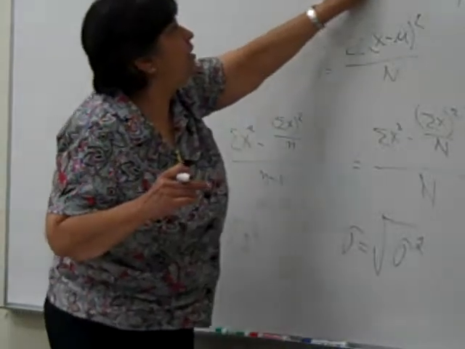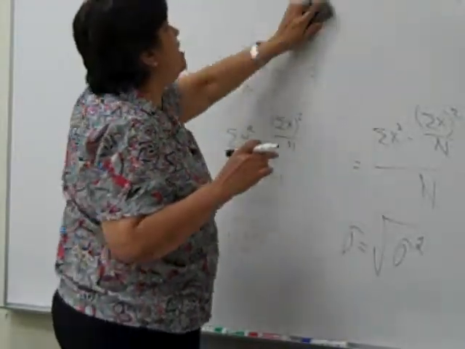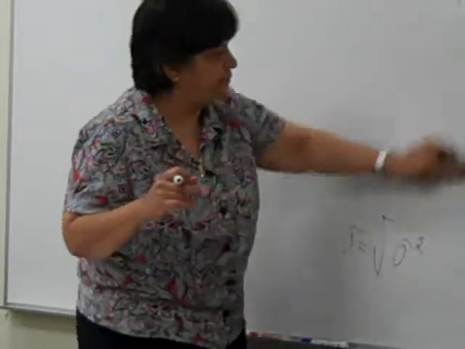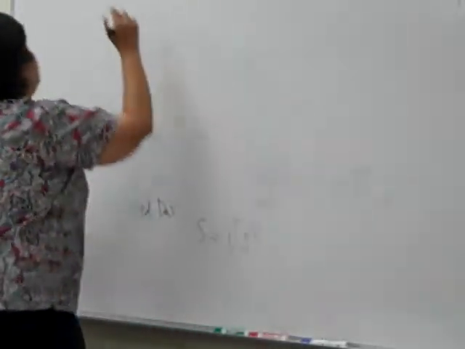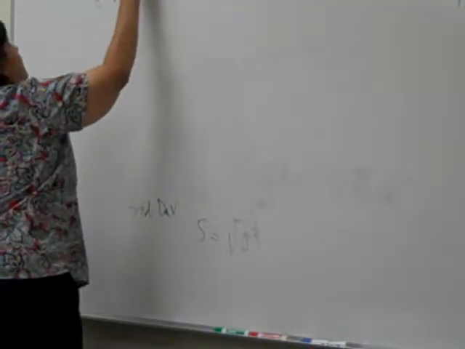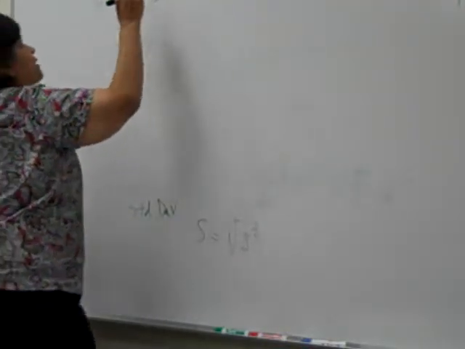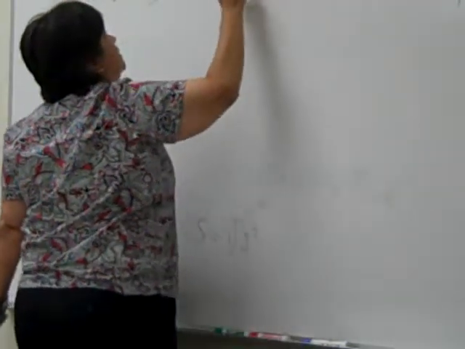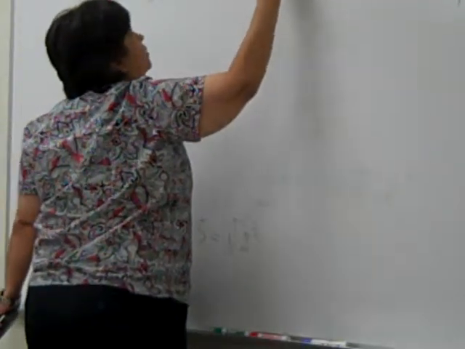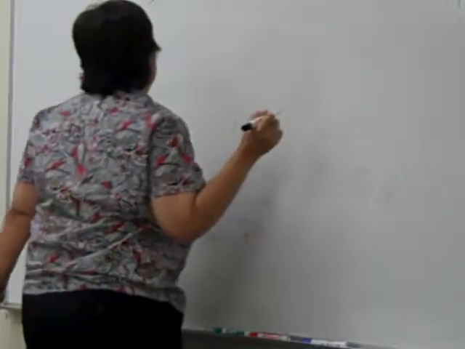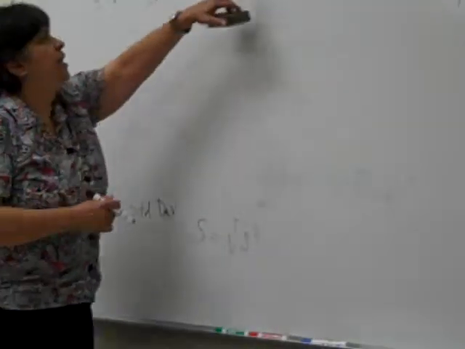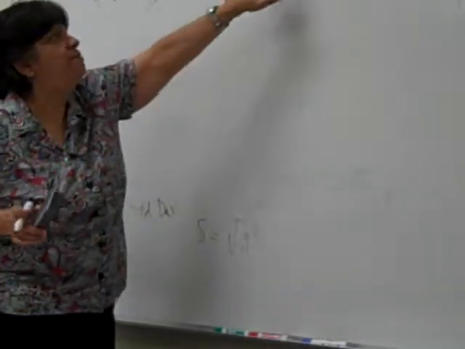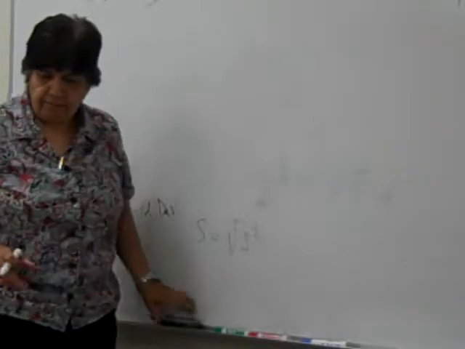We have the z-score. The z-score tells you how far, or how many standard deviations away from the mean, a particular number is. Okay? So again, z is equal to x minus x bar divided by s for the sample. For the population, the z-score is equal to x minus mu divided by sigma. And it tells you this number x, how many standard deviations away from the mean it is located.